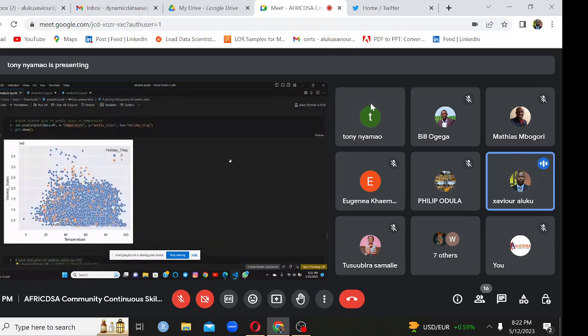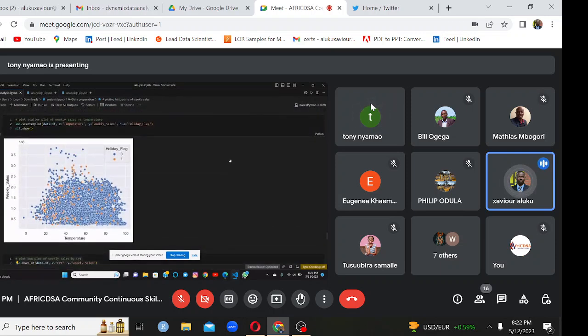So this one. What can you say about the scatter plot? Can you try to explain something? What I can say is that the weekly sales were being affected by temperature more so. When the holiday flag was one, you'll see in the scatter plot that the blues are higher and a bit congested together, so there was some consistency of weekly sales at that point.